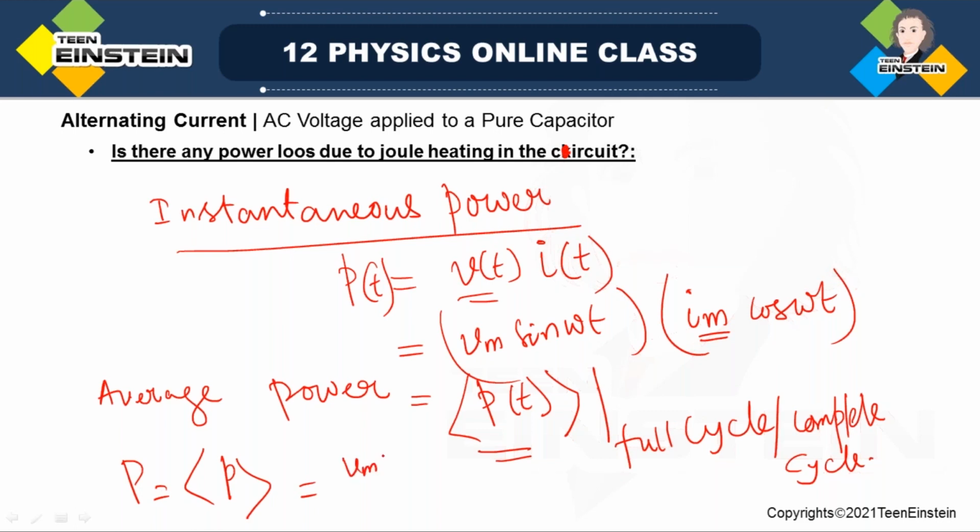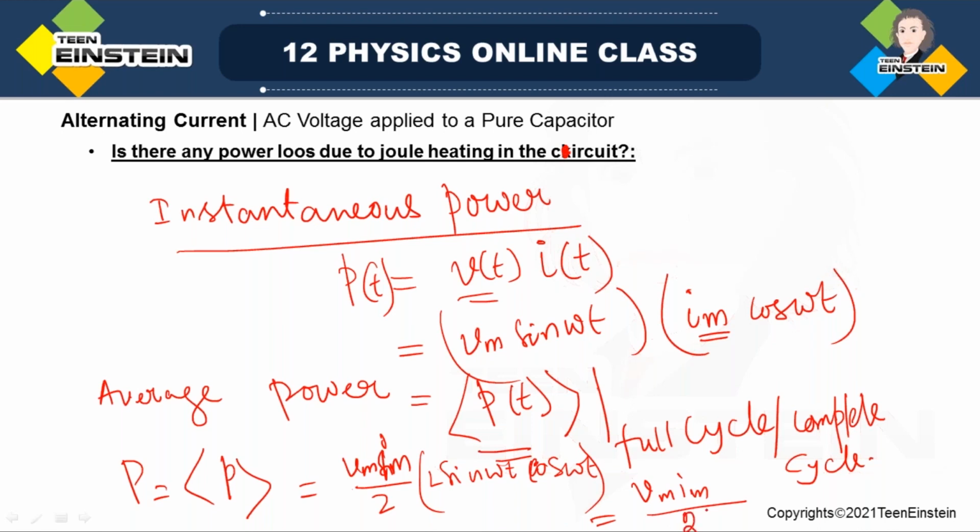If I divide by 2, then it will be sine omega t cos omega t with 2 multiplied, so it will give you Vm Im divided by 2 into sine of 2 omega t.